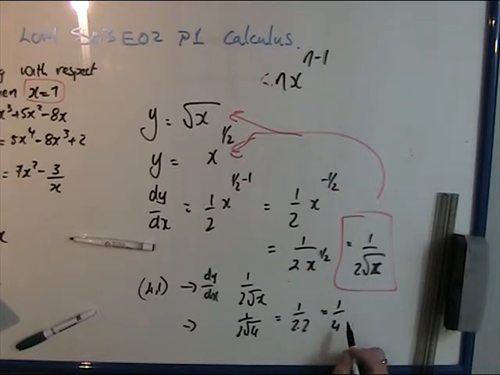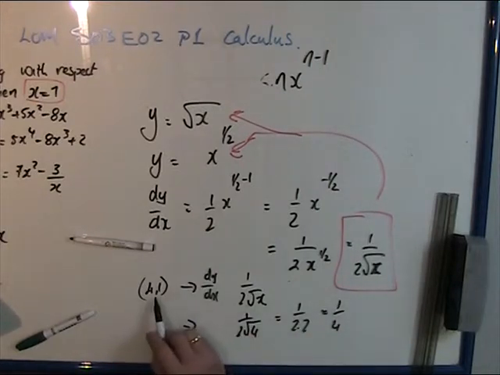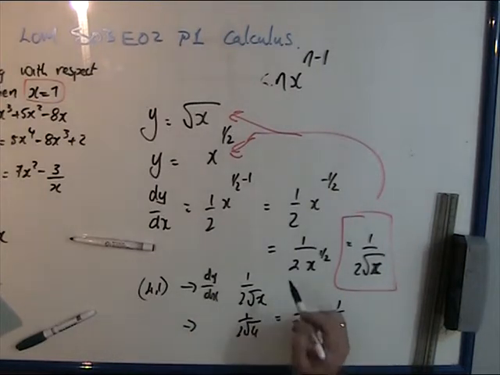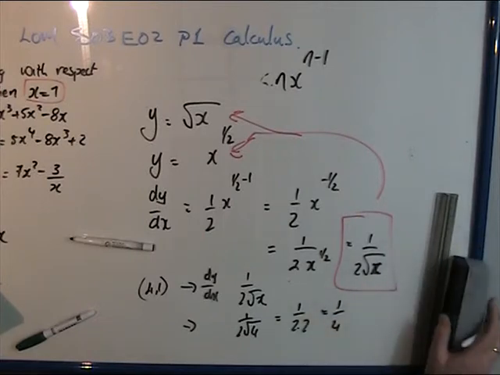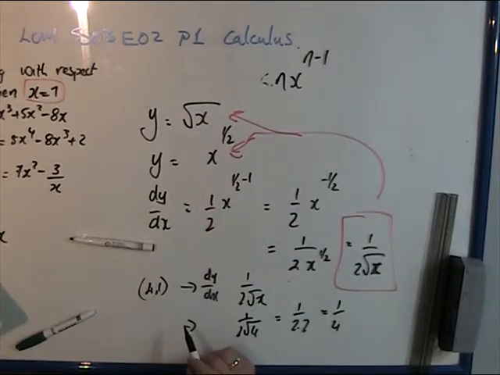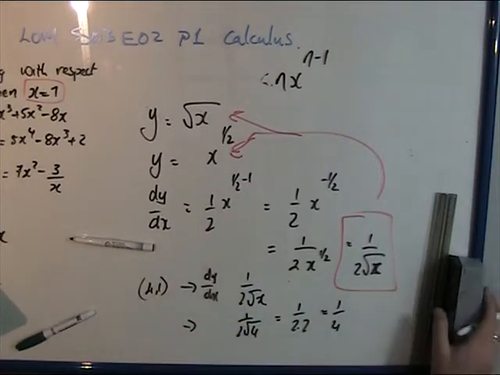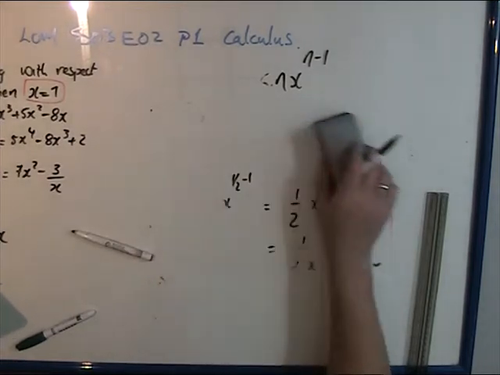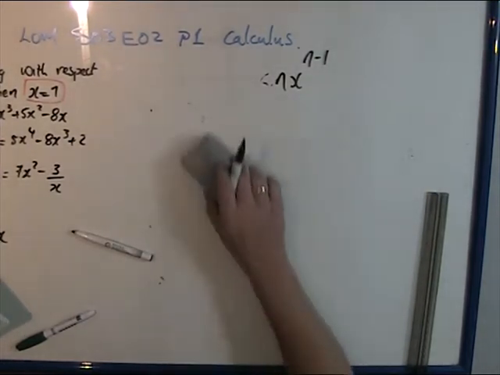Now what does that mean? It means the slope of this at that point is equal to a quarter. So in other words, you're finding the slope of a function using Newton's theory of calculus, dy dx. So the slope at that point, 4, 1, is a quarter.